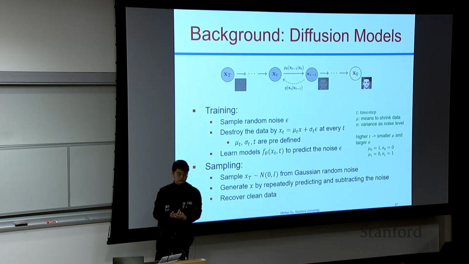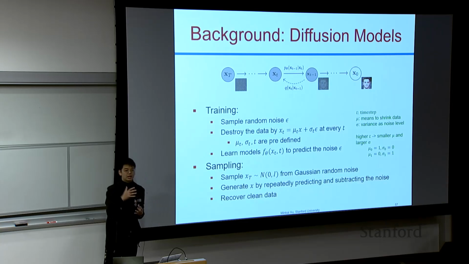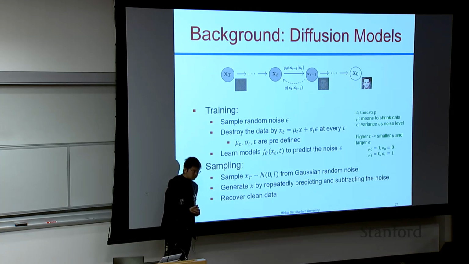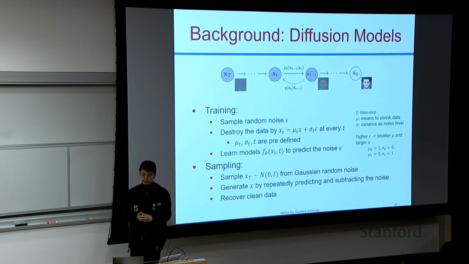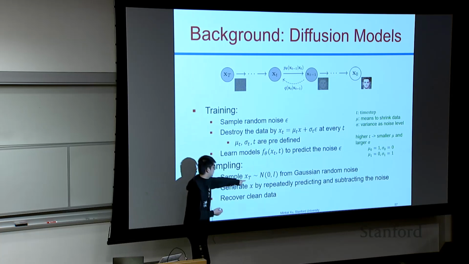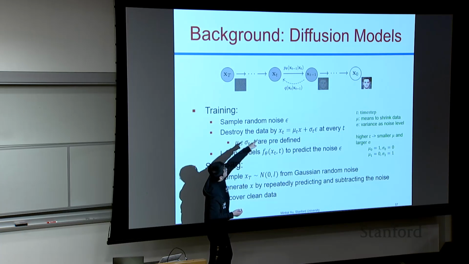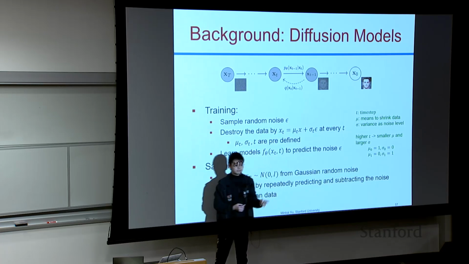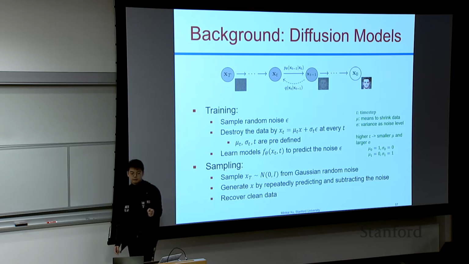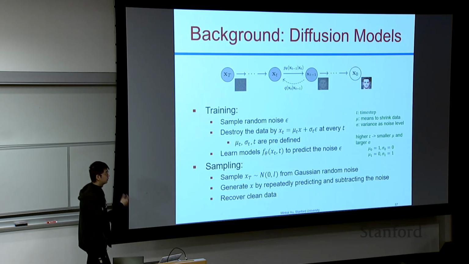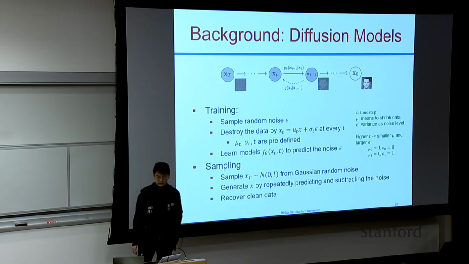So this is the high-level idea of diffusion, and this is also the sampling procedure. We sample very noisy data from Gaussian noise, and repeatedly from time step capital T to time step 0, we input it to the model, predict the noise vector, and subtract the noise vector. You progressively denoise the data and hopefully recover very realistic data.